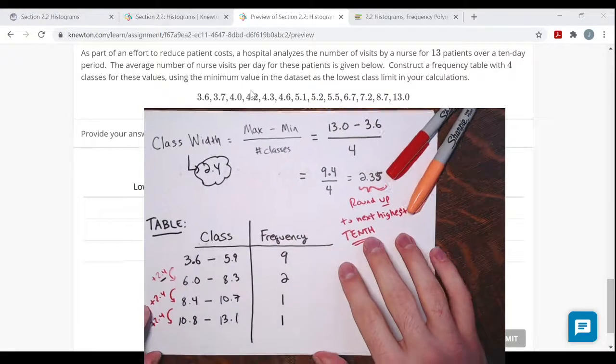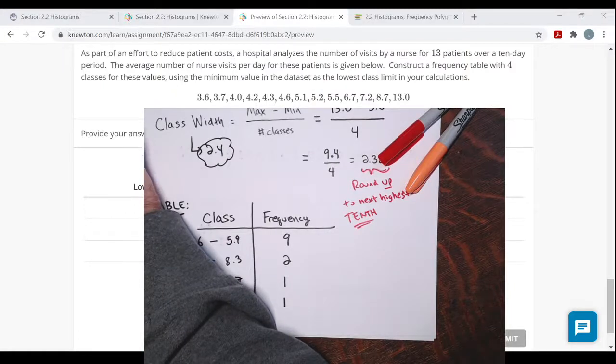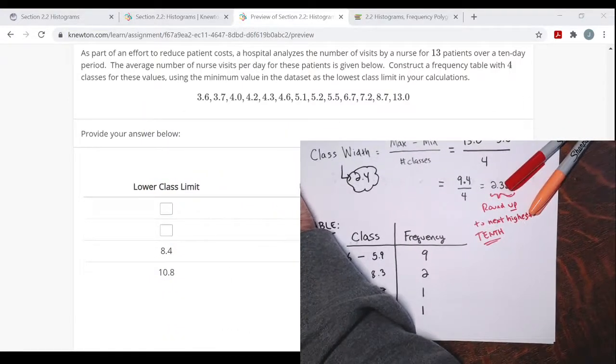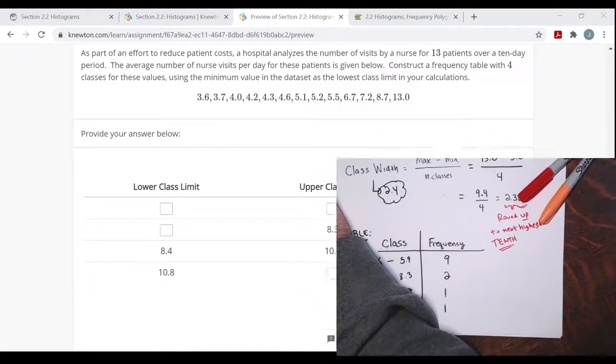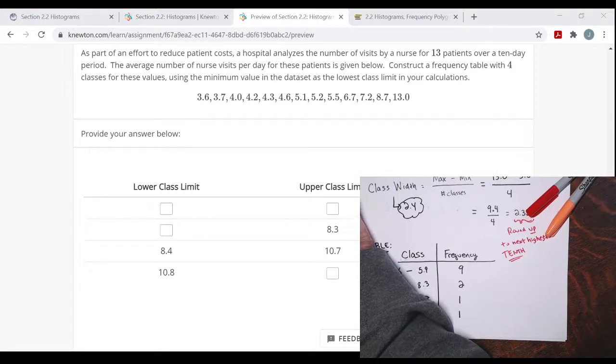We're asked to just make this frequency table. All right, so let's move this over here. And then we go to enter our limits.